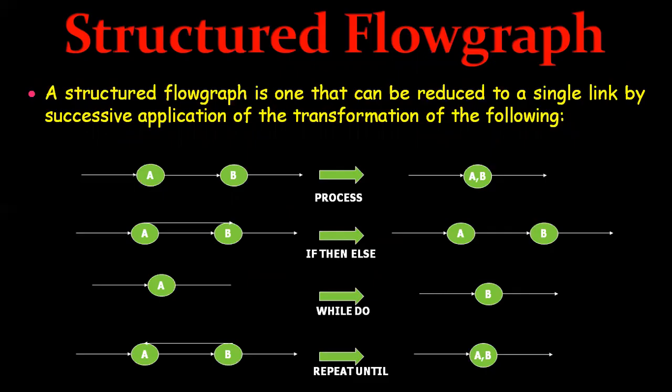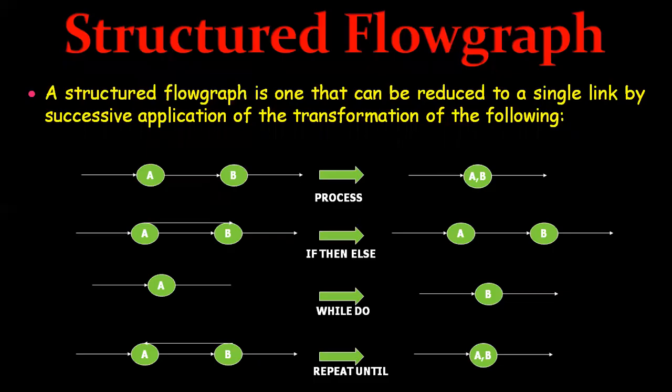So what is the difference between structured and unstructured? There are numerous ways we can represent the code. So the structured code can be defined in n number of ways.